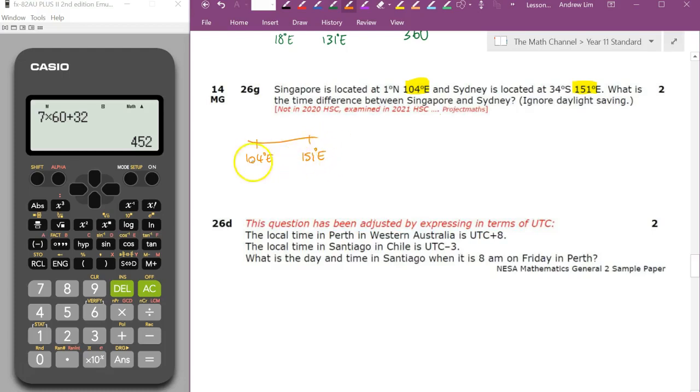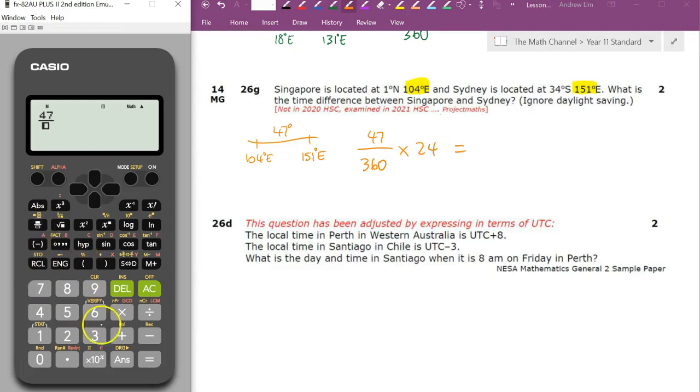So 151 minus 104, that should be 47 degrees. So time difference, 47 out of 360, and times that by 24 hours. 47 over 360. 3 hours, 8 minutes.